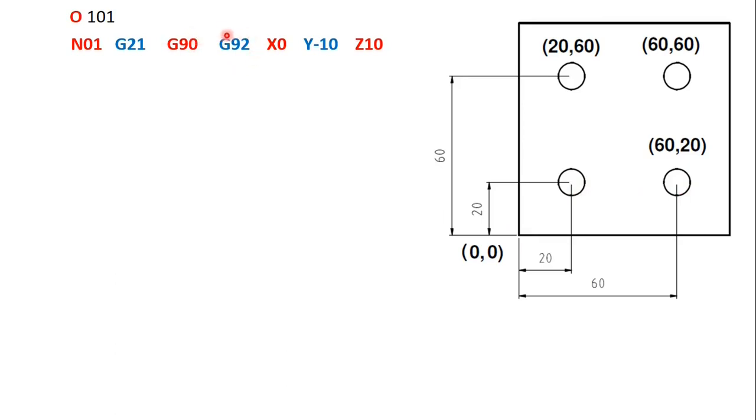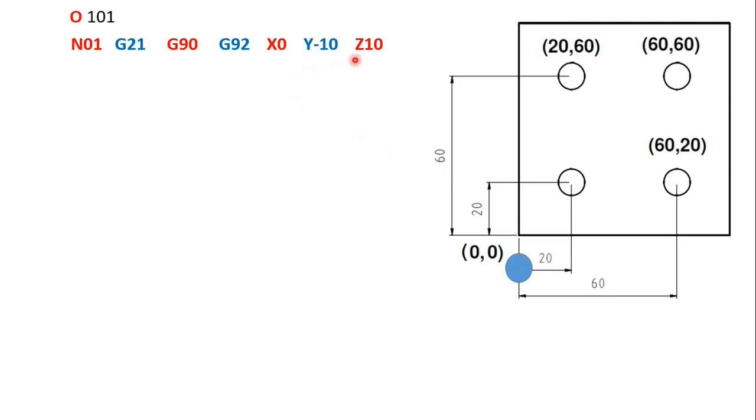Next is G92. What is G92? It is a specific location of the coordinate axis system origin related to the starting location of the cutting tool. So I am defining a point near the workpiece, that is x0, y minus 10 and z10. Roughly, whatever the blue color you are seeing, this is the point where I am defining x as 0, y as minus 10 and z as 10.